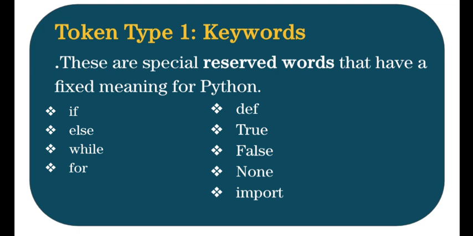Here are some examples of keywords: if, else, while, for, def, True, False, None, import. For giving a name to a variable, we cannot use a keyword. For example, a equal to 10. Here a is a variable. Instead of a, we cannot give if equal to 10 because if is a keyword.